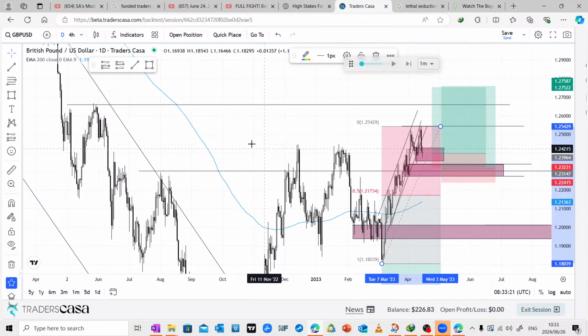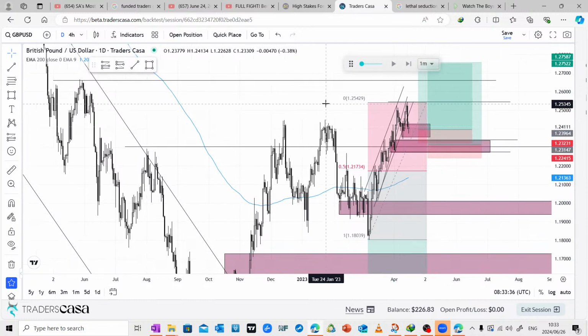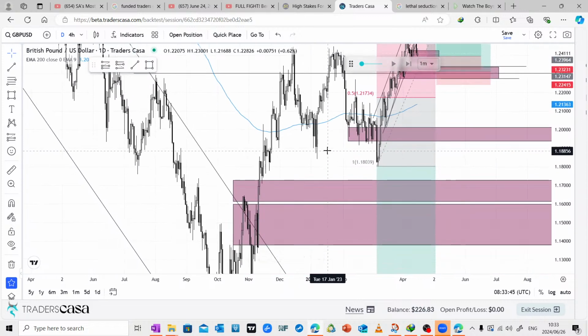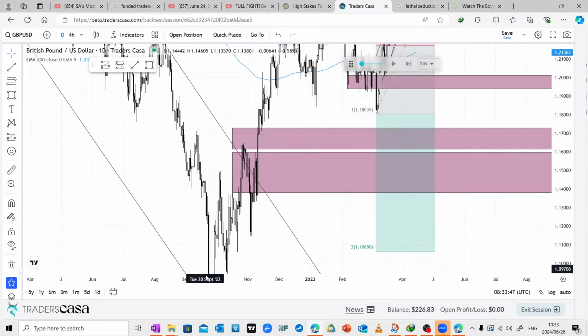So either we pull back just a little bit into 50% and then push to the upside, because we believe there's buy side here, but we're so close to it that I think we could just push buy side, because if it's going for sell side, the only reasonable sell side of this magnitude is this one, right? These ones are temporary, but it's this one and it's this one, sell side here.